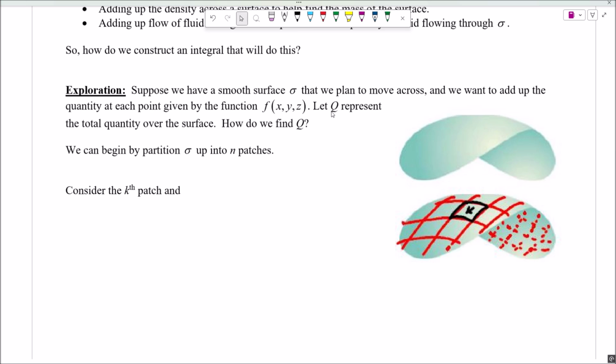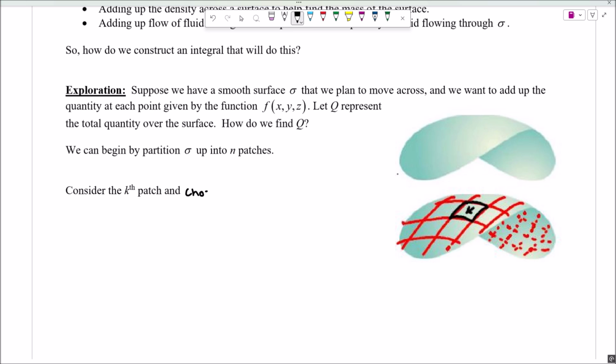So how do we find Q? Well, the story is a pretty standard one. We're going to start by taking this surface and chopping it up into a bunch of patches. You can see here I've drawn some lines going across the surface in one direction, some going across it in another direction, to create this grid over the top here. And we'll suppose that I chop this up into n different patches. Now I'm going to consider the kth patch, which is indicated here by this little black square. And when I look at that kth patch, I'm going to do something rather important.